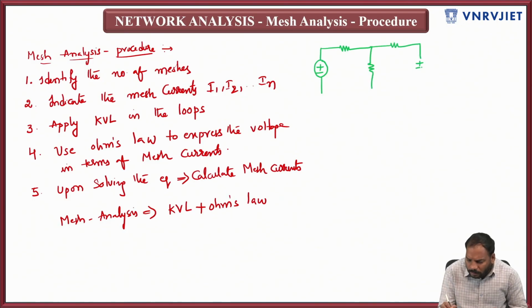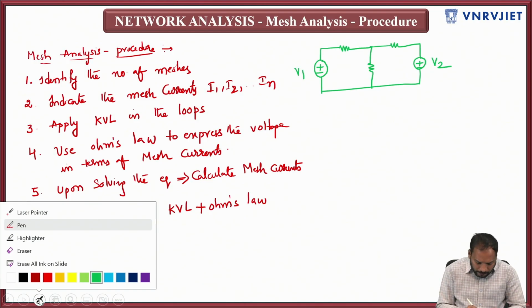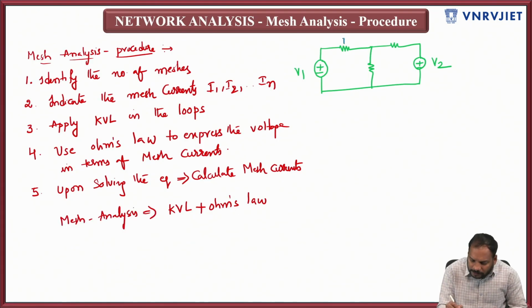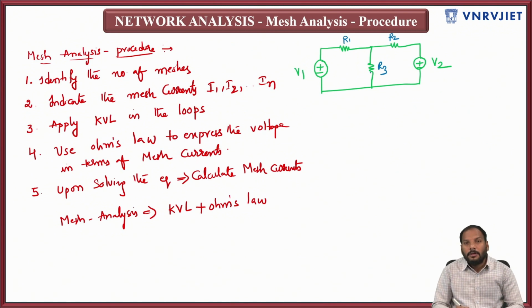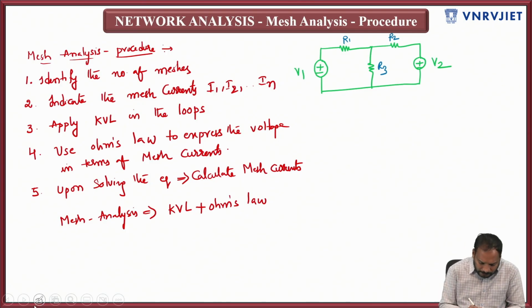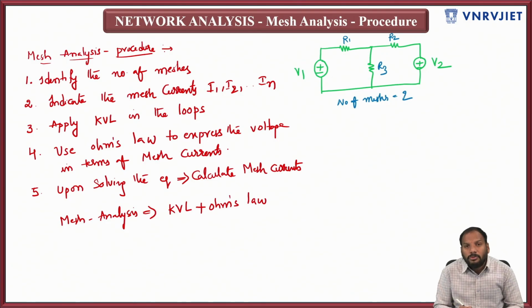Just for an example, I take the voltage sources as V1 and V2, and the resistors as R1, R2 and R3. The first step is to identify the number of meshes. Here the number of meshes is equal to 2, so directly you can say there are 2 loops.